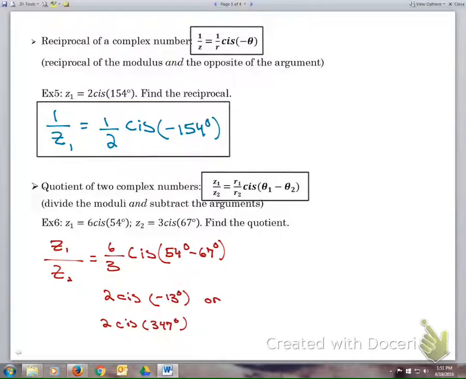So I could write it as negative 13, which is clockwise around. Or I could find the positive value. So if I asked you to put theta between 0 and 360, you would want to add 360 to negative 13 to get the 347. So both answers mean the same thing. Okay. And if I wanted to write it in rectangular form, I would do the same thing. I would expand and use my calculator.